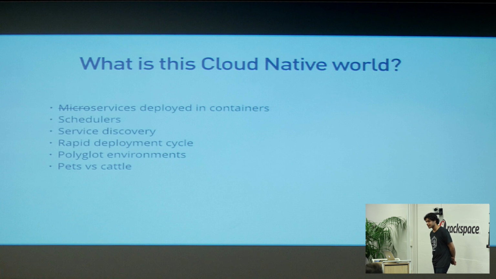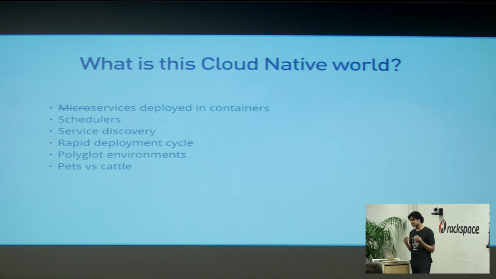A cloud native world is containers, which are little environments for your code, very, very small, deploying to schedulers like Kubernetes that orchestrate your services all together. There's lots of moving parts, and they're all talking to each other. You're not really worried about virtual machines or hardware abstractions.